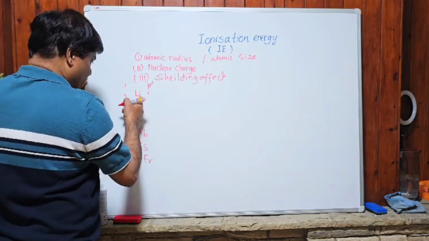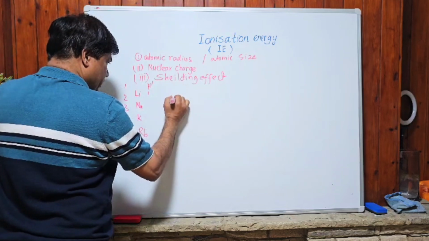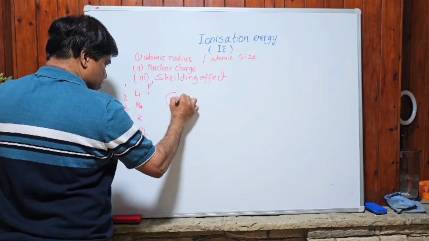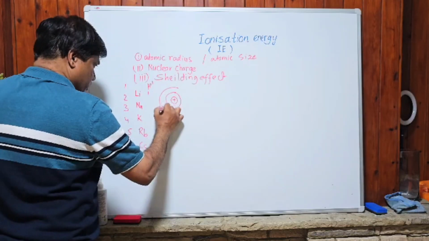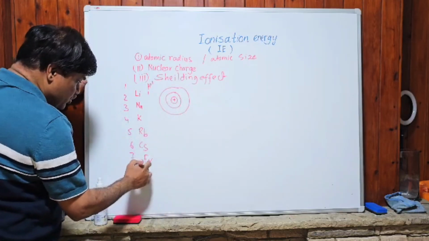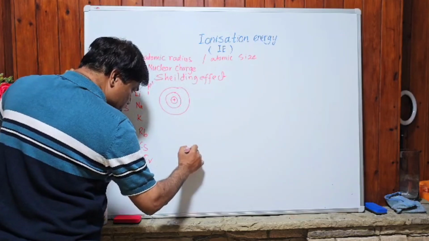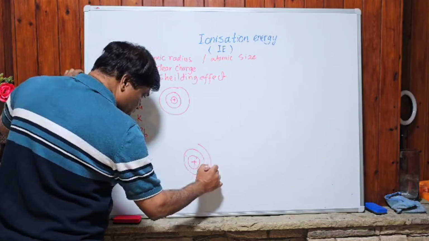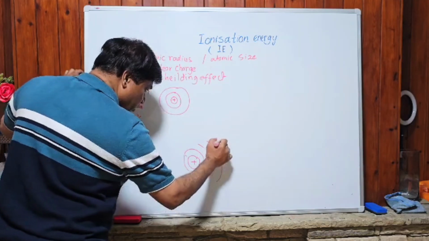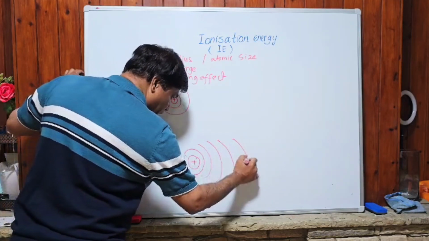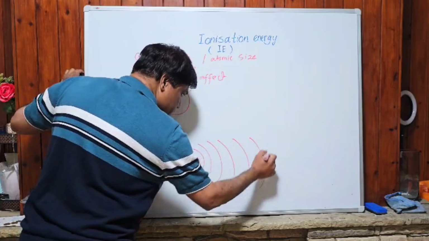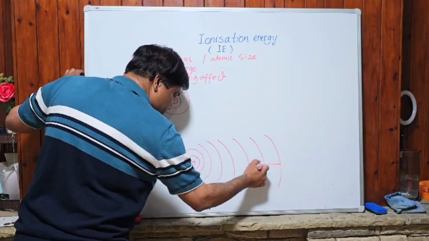Hydrogen has 1 shell. Lithium has 2 shells. So lithium has the nucleus, 1 shell and a 2nd shell. When you compare to francium, it has 7 shells or energy levels. Look at the size.